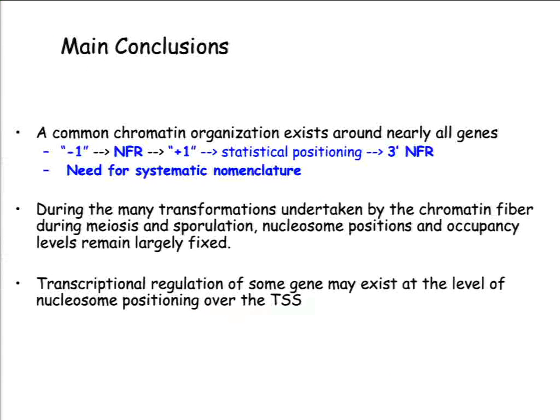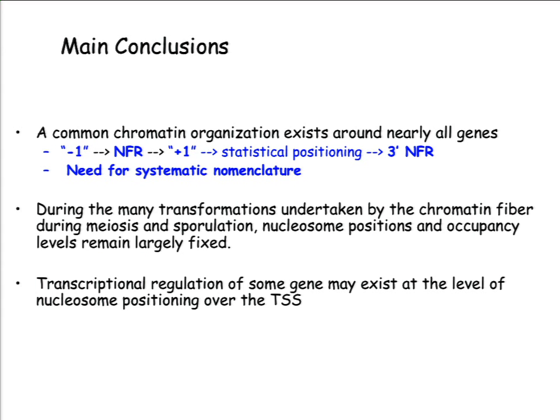Okay, so I'm going to wrap up here. There's a common organization that exists around nearly all genes: there's a -1 position and an NFR, a +1 nucleosome, and an array of nucleosomes downstream, for which there's evidence that they're packaged in by principles of statistical positioning, which ultimately end at the 3' end of genes with another nucleosome-free region.